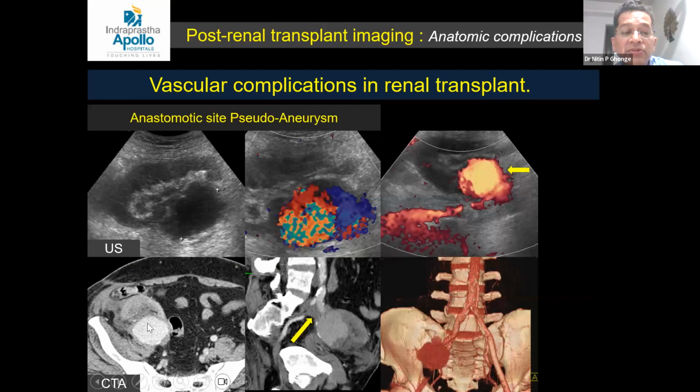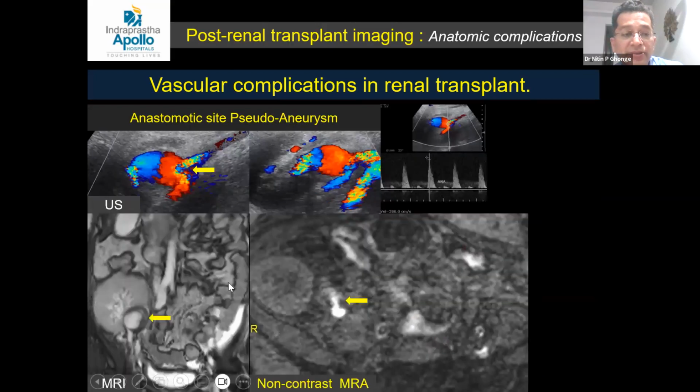This is another example. You can see an anastomotic site aneurysm in the right renal, at the site of iliac artery anastomosis with the transplant kidney, and the same thing can be picked up on Doppler and evaluated on CT angiography.